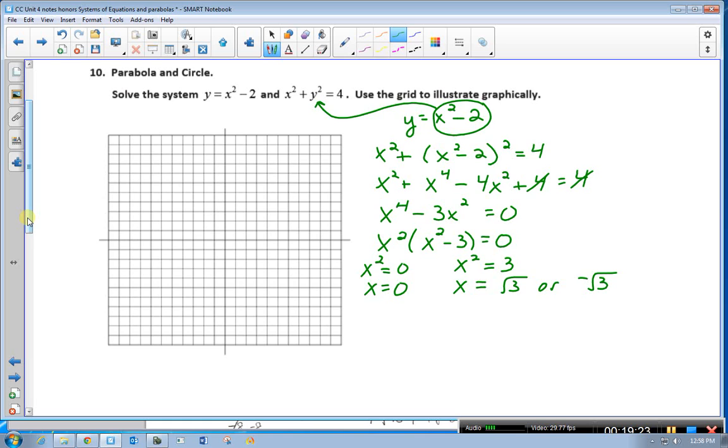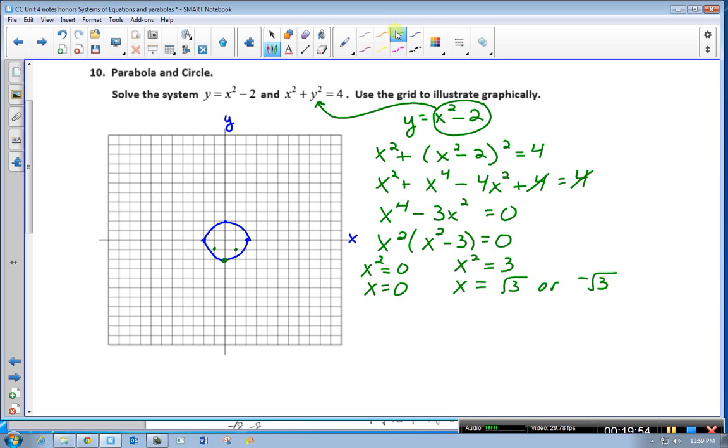So we can get an idea here by graphically doing this. So x and y. Here's my circle. And then y equals x squared minus 2 is basically down here at 0, negative 2, and then you go over 1, up 1, over 1, up 1.